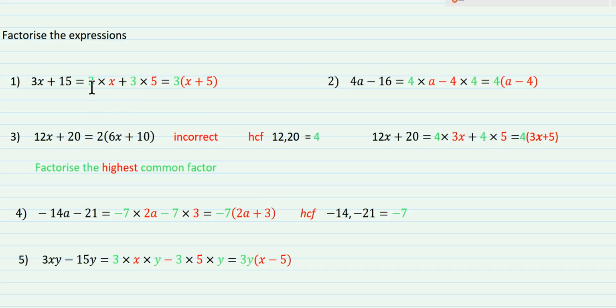If we take this 3 out from here, what's left behind here is an x. So the first term is going to be an x. If we take this 3 out from here, what's left is this red 5, plus 5. So it's going to be plus 5. So 3 into x plus 5.